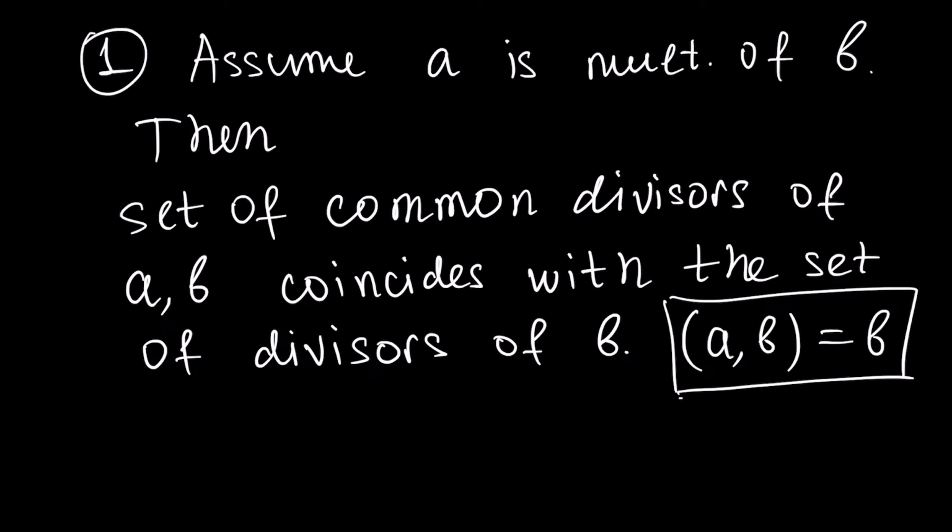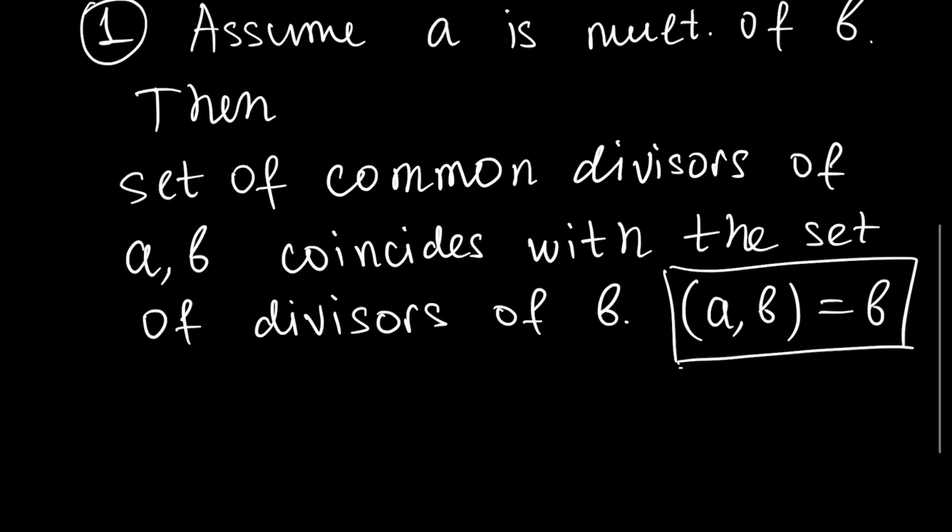So once again, if we assume that number A is a multiple of B, in this case, the set of common divisors of A and B coincides with the set of divisors of just B. This is quite an obvious result.